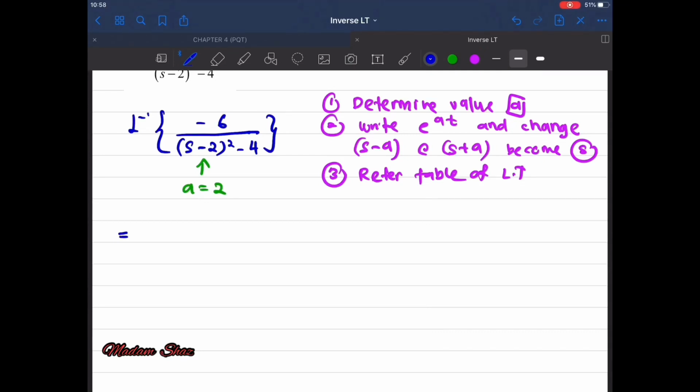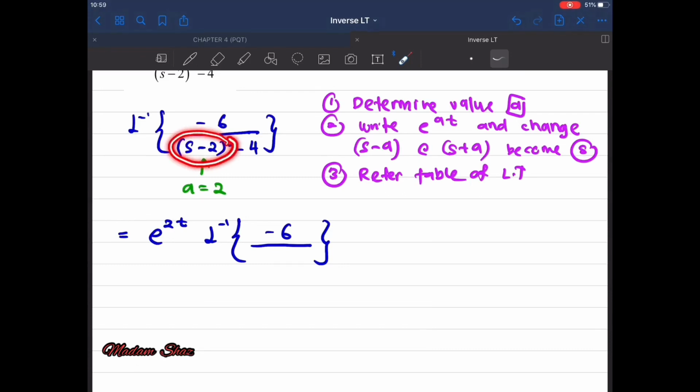Write e to the power of 2t, Laplace inverse, curly bracket, negative 6 at the upper side. So negative 6 divided by s minus 2 squared, we will change it to s to the power of 2 minus 4.